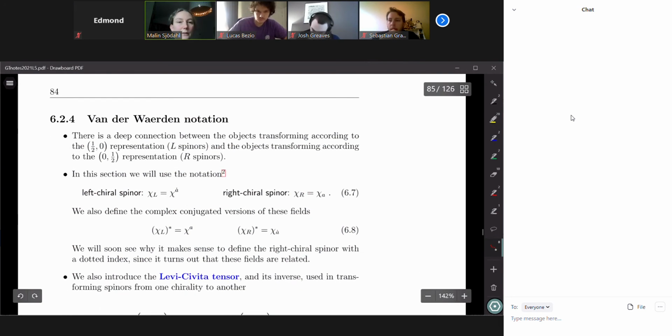So now I will go to the van der Waerden notation of this. This is something that I like quite a bit, because it's a much more elegant way of describing the relevant degrees of freedom that we have in particle physics.